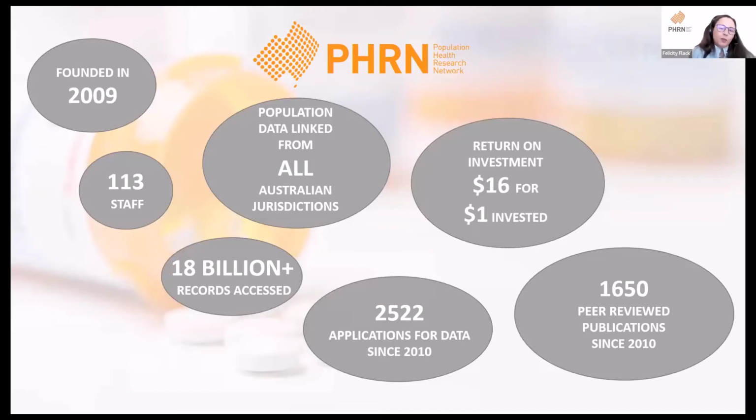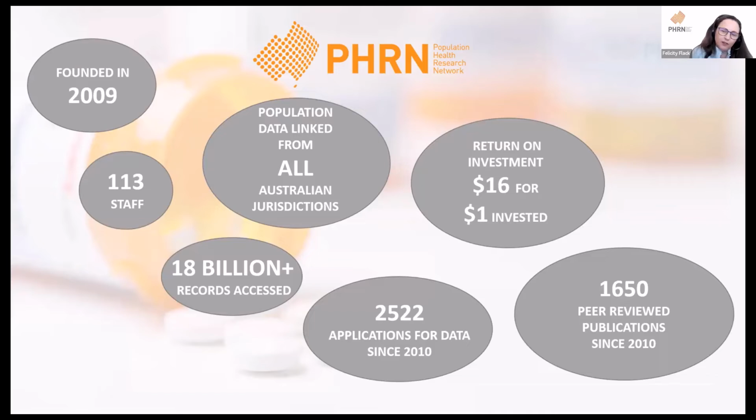So the PHRN has been around for a long time now. We started in 2009. We link data from all Australian jurisdictions. I probably need to update this a bit, but essentially we've helped a lot of researchers over our time, over 2,500 applications for data since 2010.